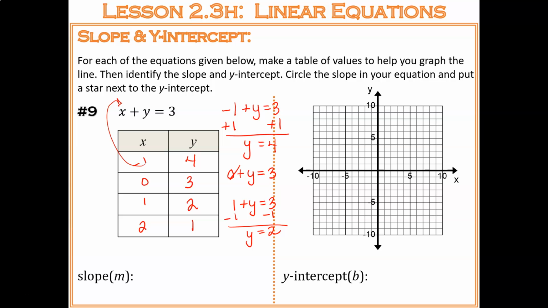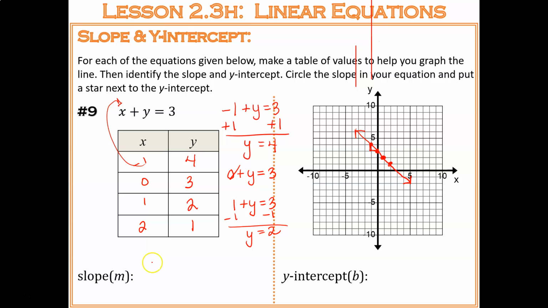So let's plot our points and find the slope that way. We can't pick it off the equation because our equation is not in our y equals mx plus b format. But if we look at the line, look at our triangle.